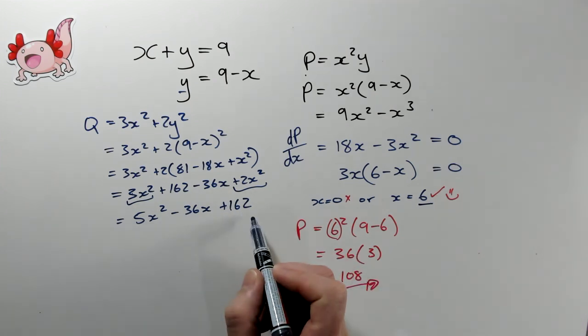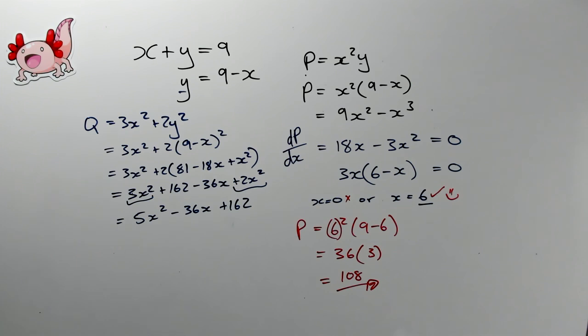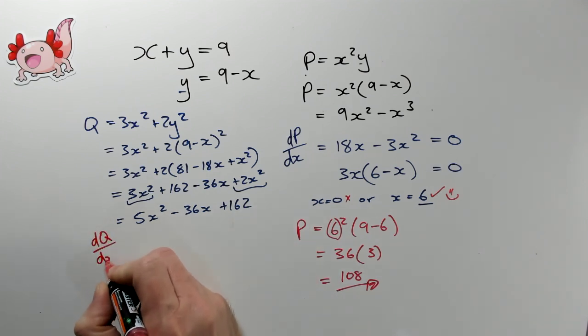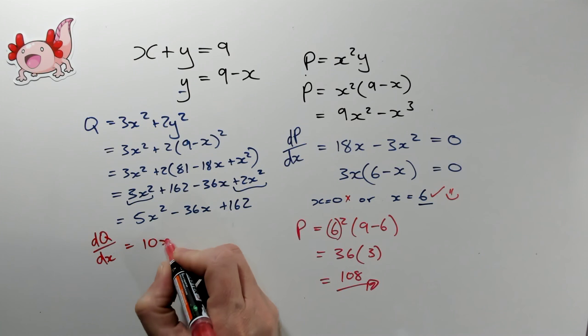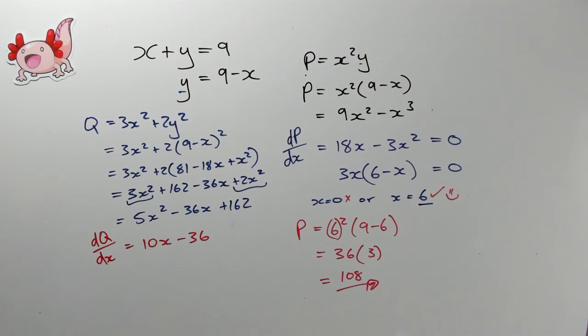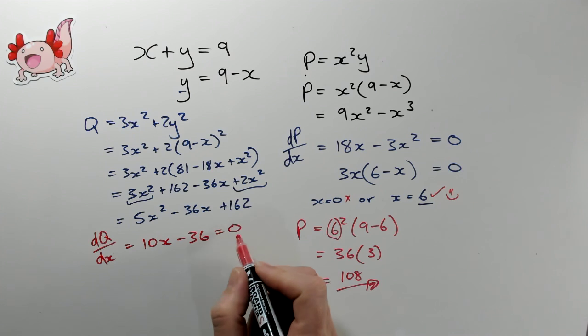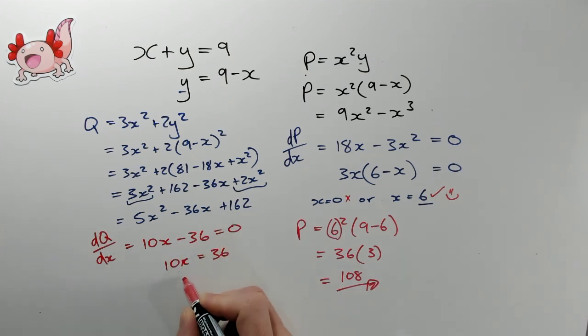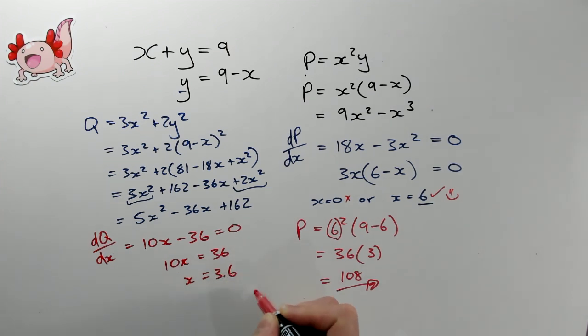Okay, so this is now my expression, but I need to find a minimum point, so I'm going to have to derive. dQ over dx is going to be 10x minus 36. That's pretty straightforward. To find a stationary point, I'm going to have to equal it to 0, and then 10x will be 36 and x will be 3.6.